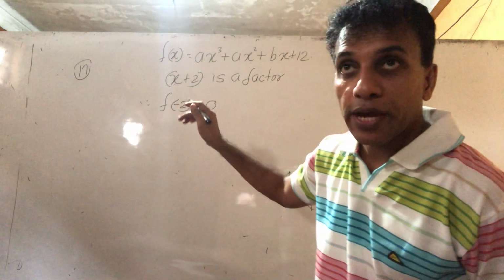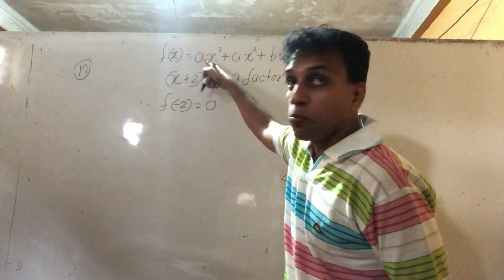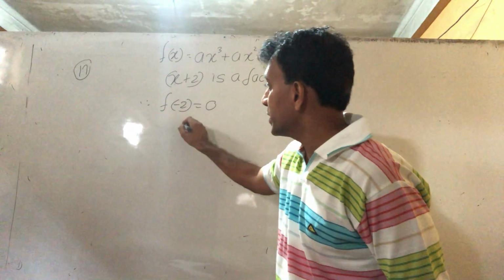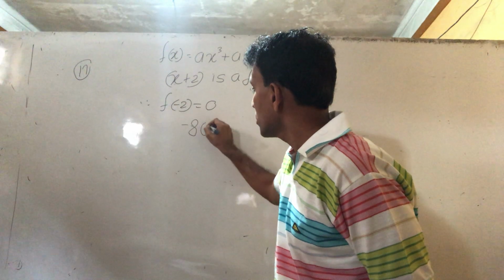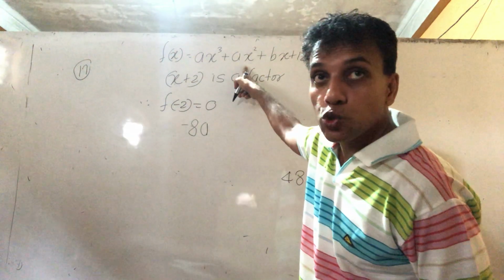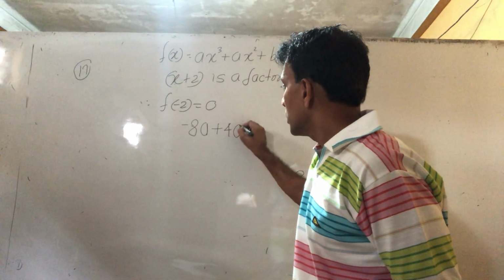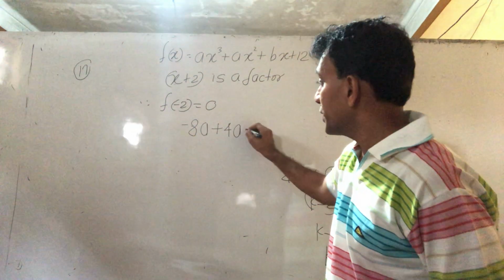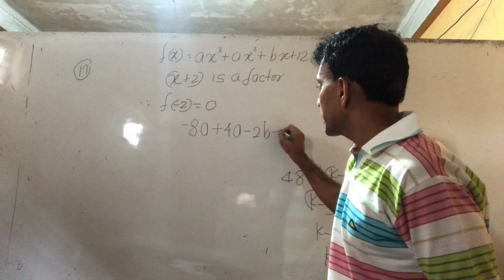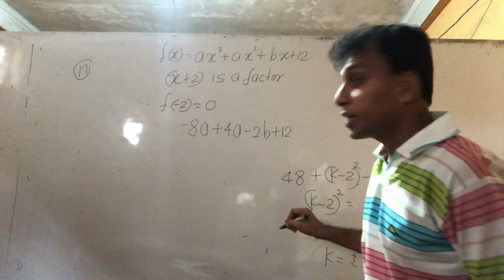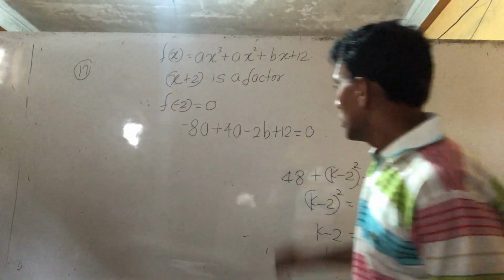And then put x as minus 2: x cube is minus 8, so minus 8a. Here put x as minus 2, plus 4 into a, 4a. Here put x as minus 2, minus 2b plus 12. Okay, this is 0.